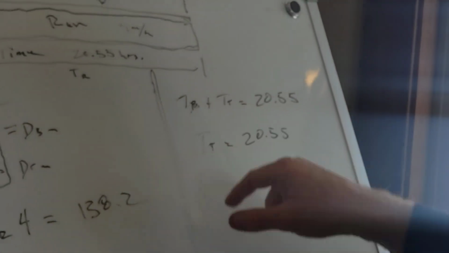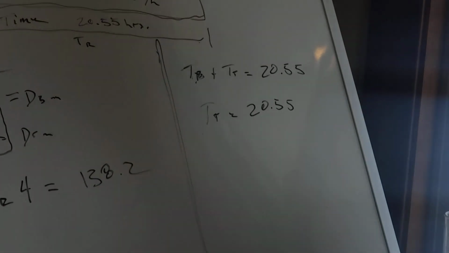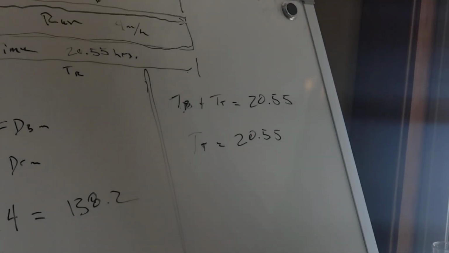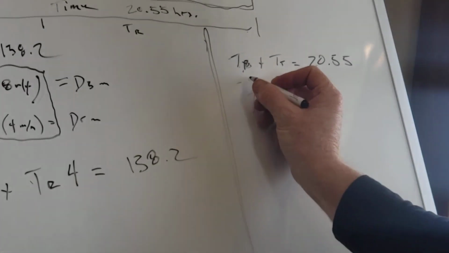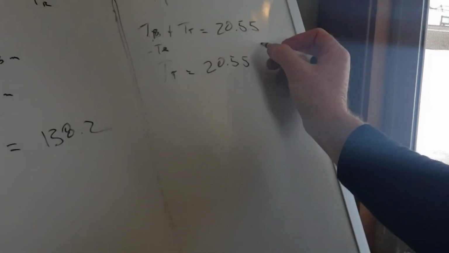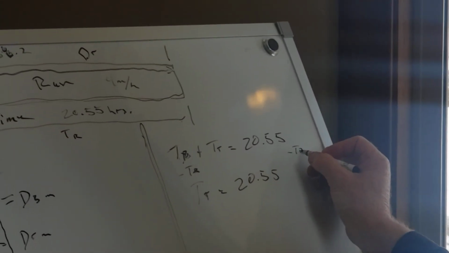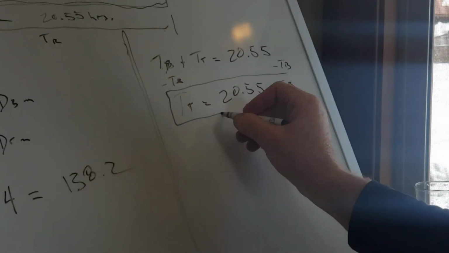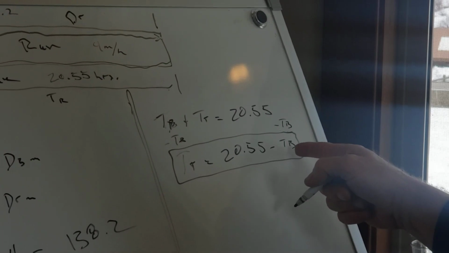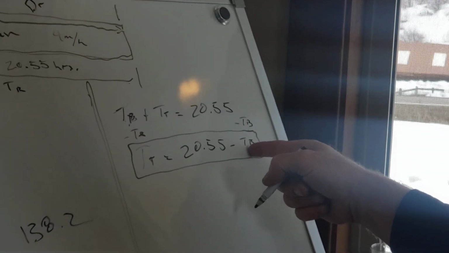You've got to subtract the TB: 20.55 minus time of biker. So this is the runner expressed by the TB.